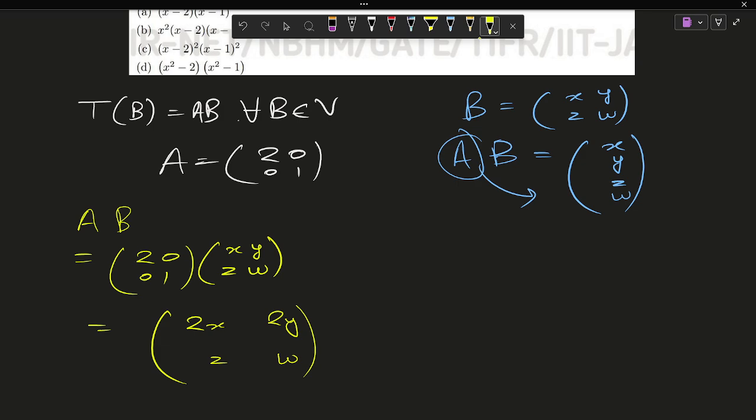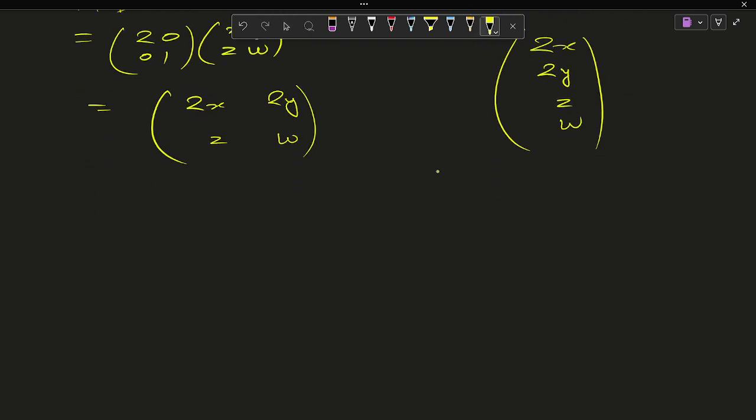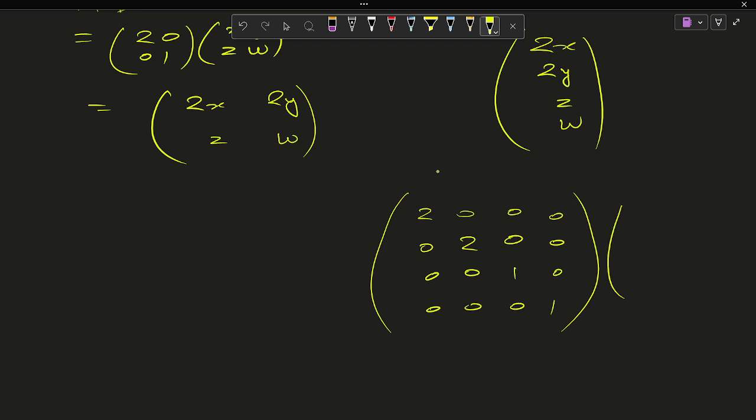If we write this in matrix form, we will get 2x, 2y, z and w by multiplying with a matrix whose diagonal entries are 2, 2, 1 and 1, and the rest of all the elements are 0, times x, y, z, w. So it equals 2x, 2y, z and w.